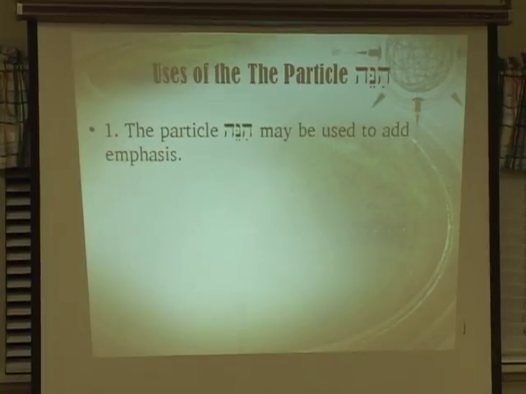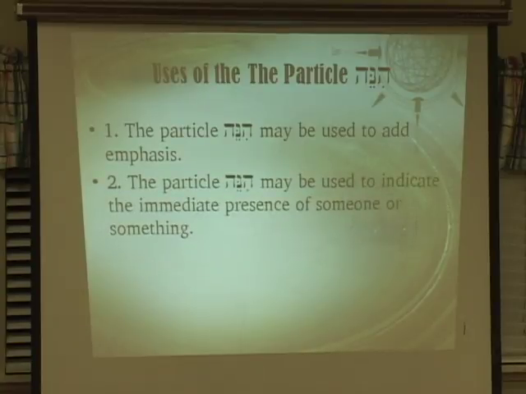All right. So the uses of particle hine. It could be used to add emphasis in the first instance. In the second instance, it may be used to indicate the immediate presence of someone or something. Look, there's Eric. Or look, I'm telling you. This is to add emphasis. Look, I'm telling you.